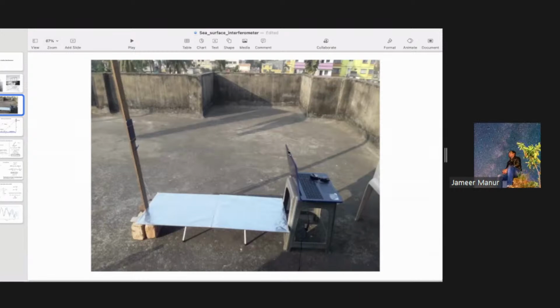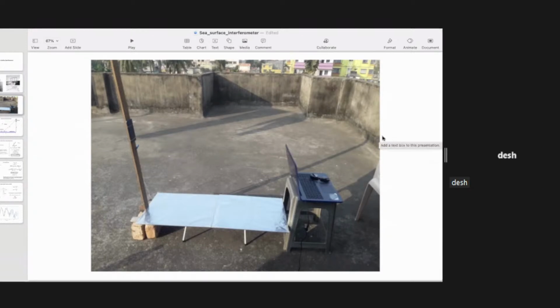Please do let us know if you have any query or doubts regarding this experiment or the pair experiment. There is one query on the chat box. Let me see. Can a different shape be used for the reflector in this setup?